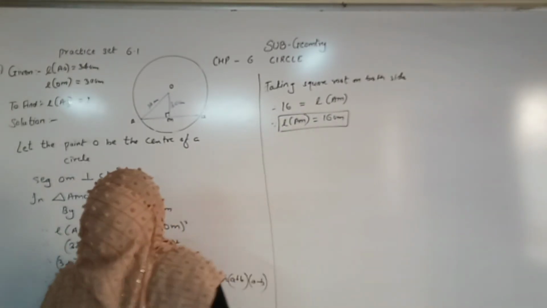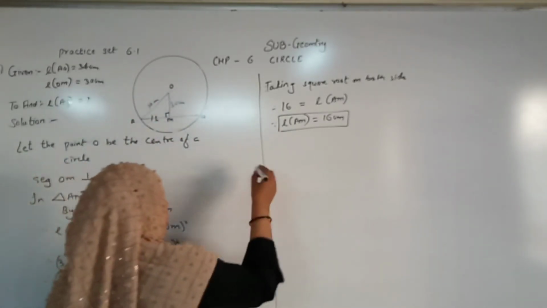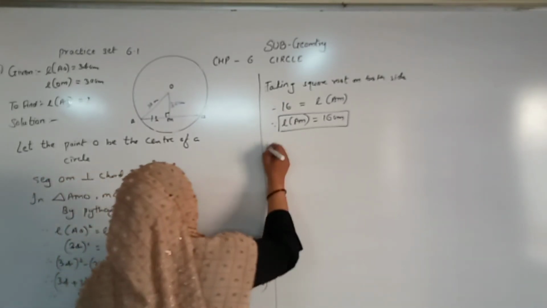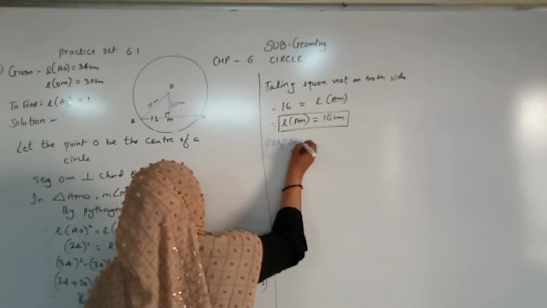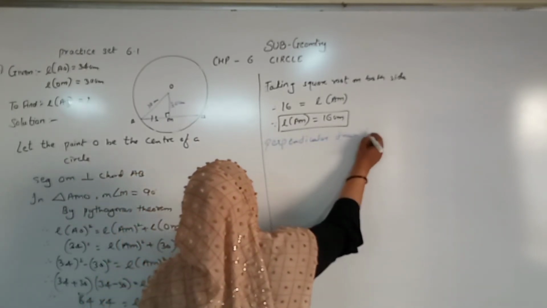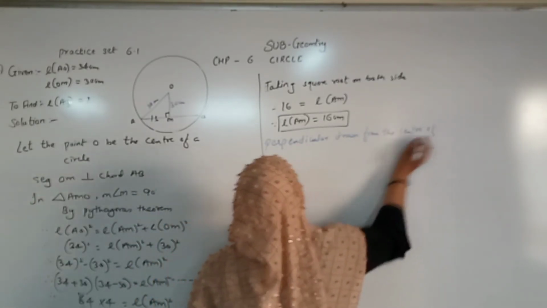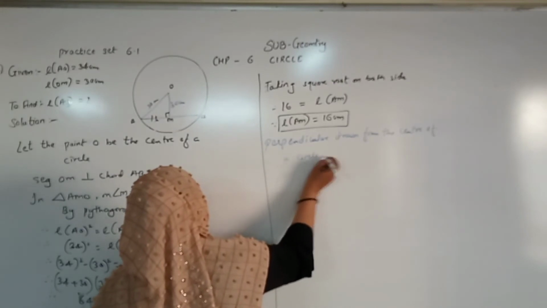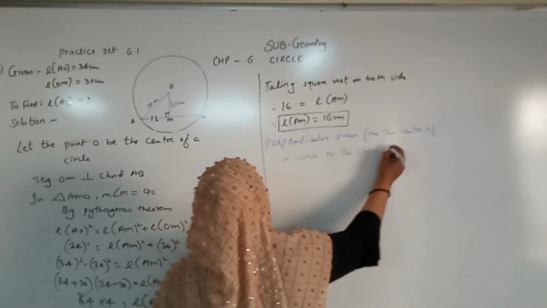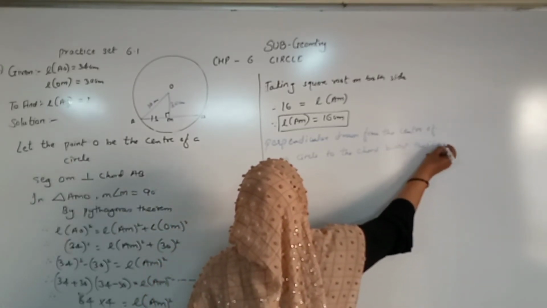Okay. Now student, I got here 16 centimeter. तो मैं perpendicular theorem use करके AB find कर सकती हूँ. So write the theorem here: perpendicular drawn from the center of a circle to the chord bisects the chord.